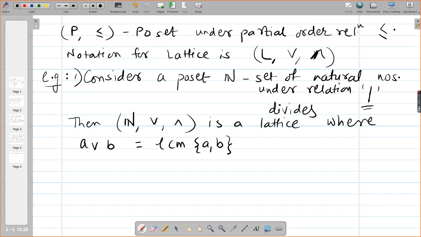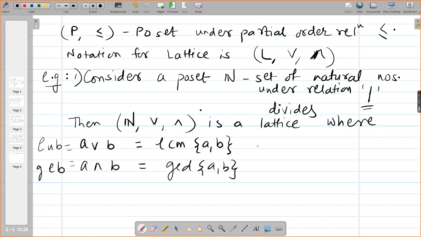As I showed in the last examples, LUB, least upper bound, is nothing but least common multiple, that is LCM. And greatest lower bound, GLB, means meet, so this is nothing but GCD of AB.